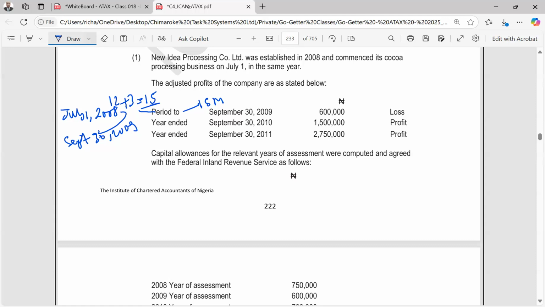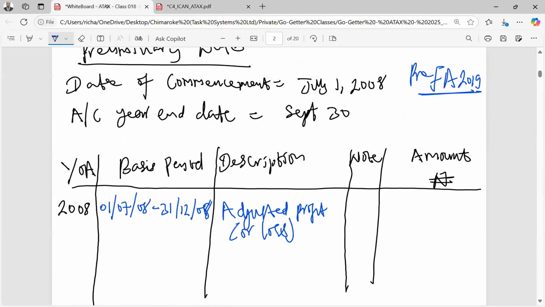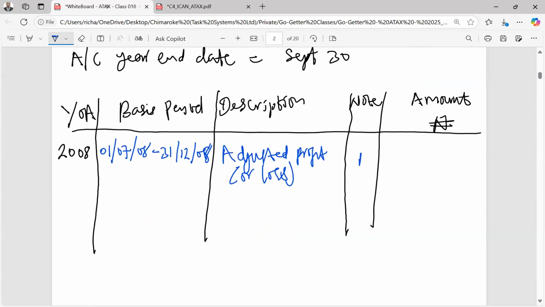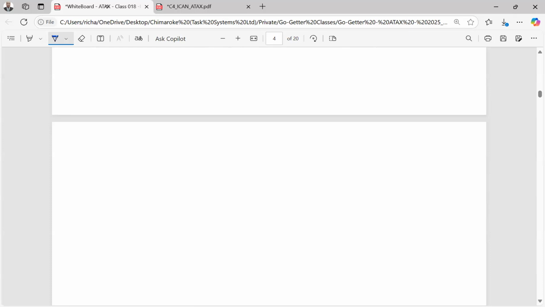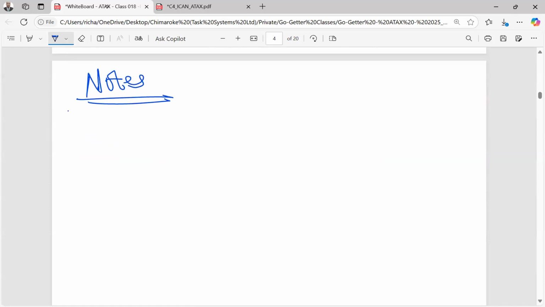And now, what are we going to do? Let's take our notes here. So we're going to do note 1. I'm going to give this plenty of space, 2 pages, and I will start my workings here. So this is note number 1, adjusted loss.